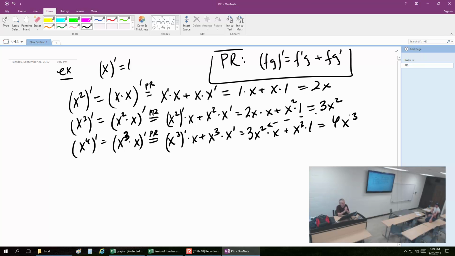At this point we will notice a pattern, right? What's the next one? 5x to the 4th, right. Then 6x to the 5th, 7x to the 6th, and so on. We'll just do this next time.